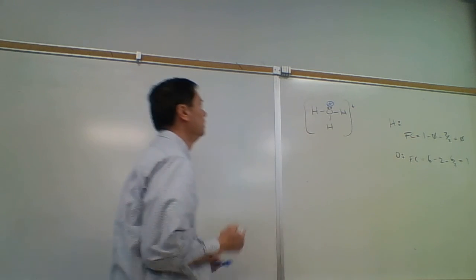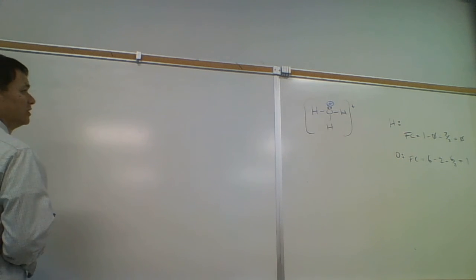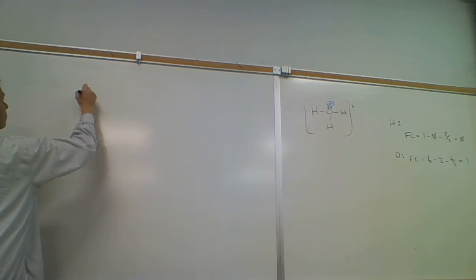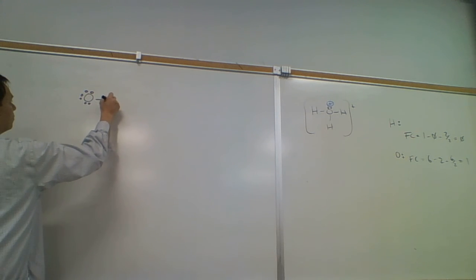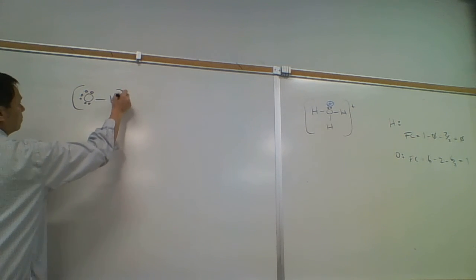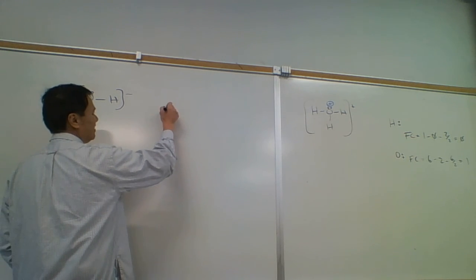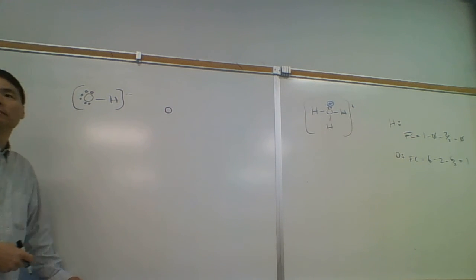Okay. Let's try this one next here. Hydrogen's formal charge should be the same, but what's oxygen's formal charge? Hydrogen should have 0 because it's going to be the same.